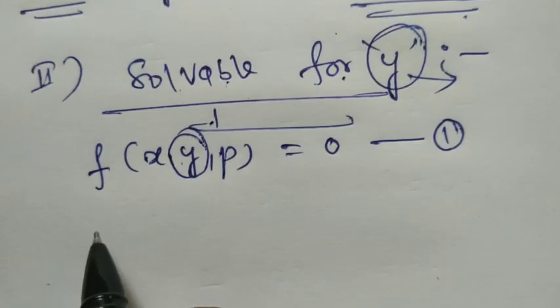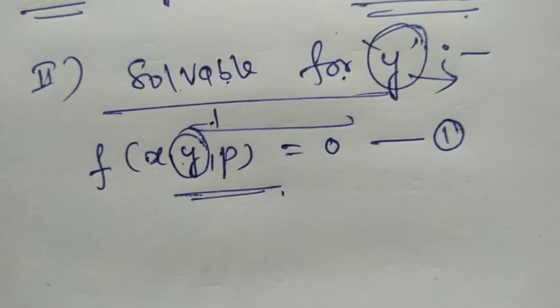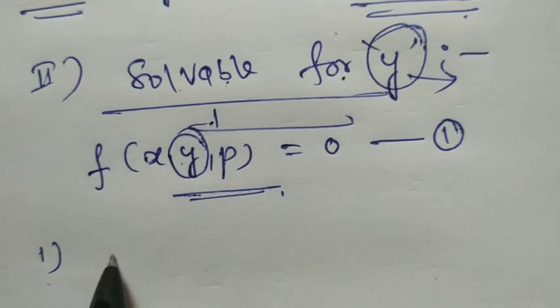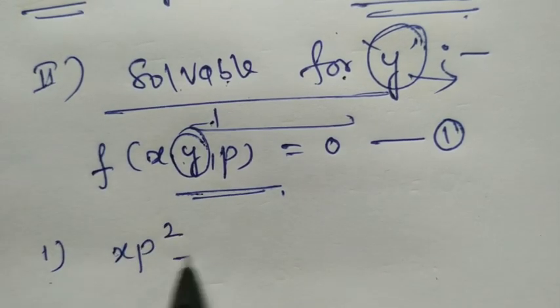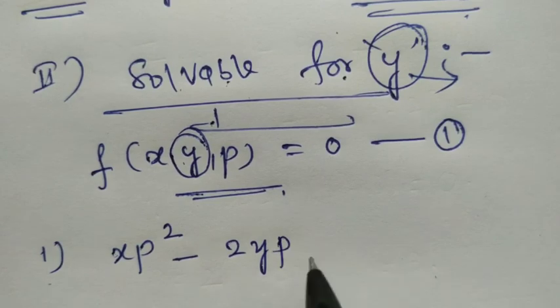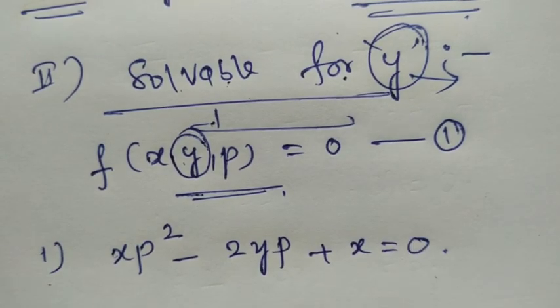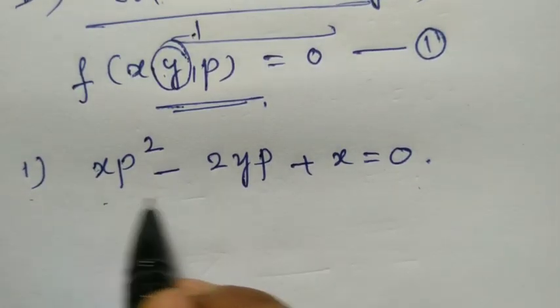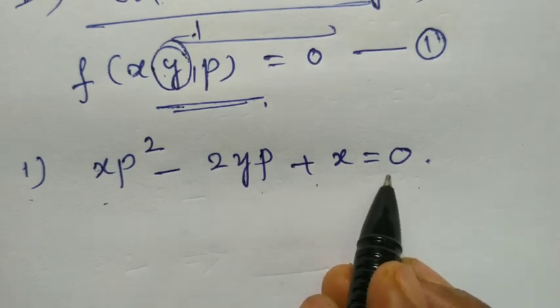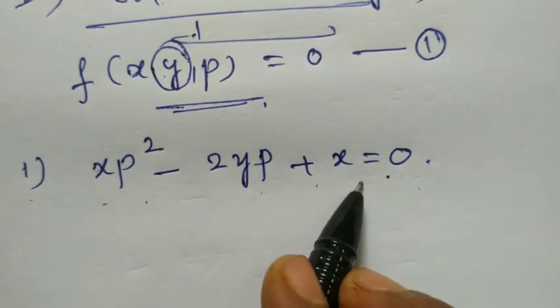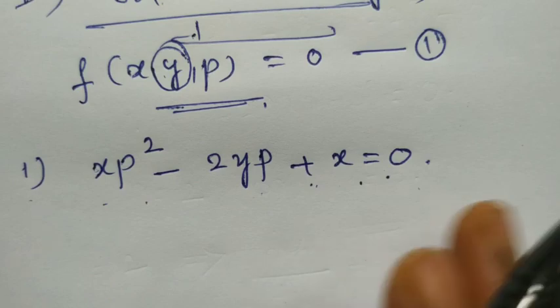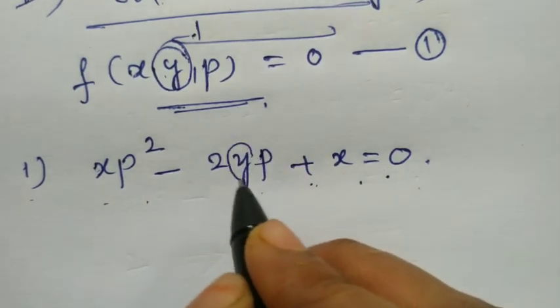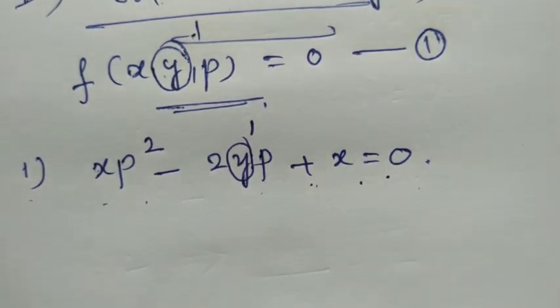Here I am taking one problem: xp square minus 2yp plus x equal to 0. This is of the form f of x comma y comma p equal to 0, a differential equation of first order but not first degree. Here the power of y is 1, so this belongs to solvable for y.